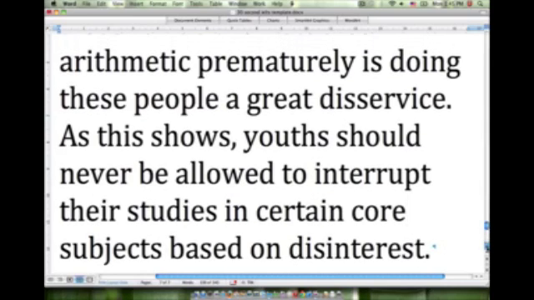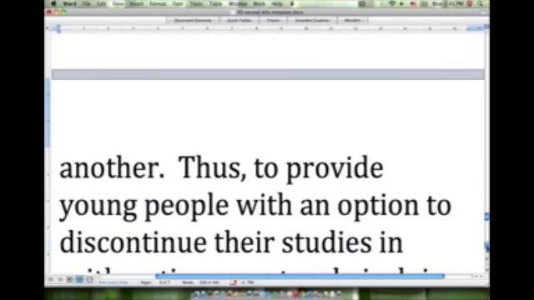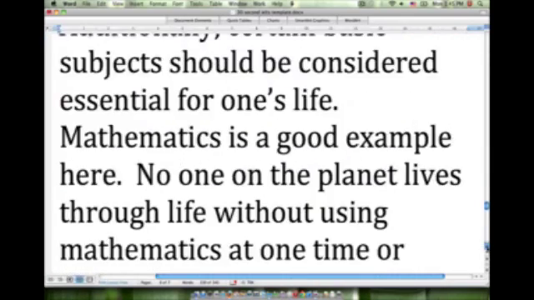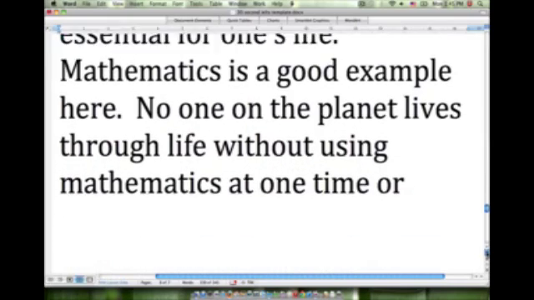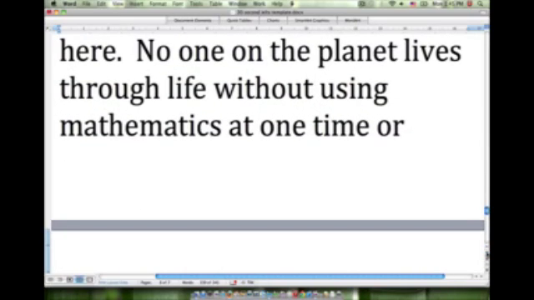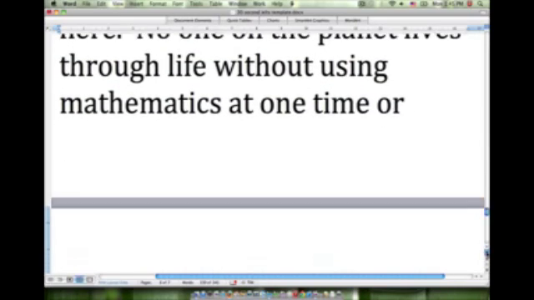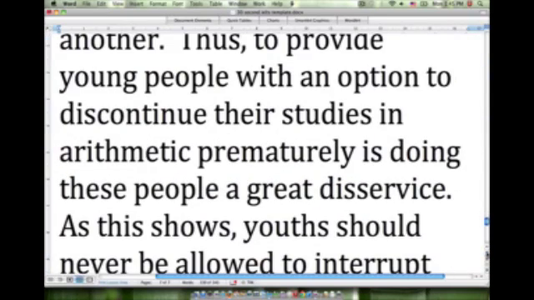So let's go just to the top of that paragraph and run through it together. Additionally, certain basic subjects should be considered essential for one's life. Mathematics is a good example here. No one on the planet lives through life without using mathematics at one time or another.